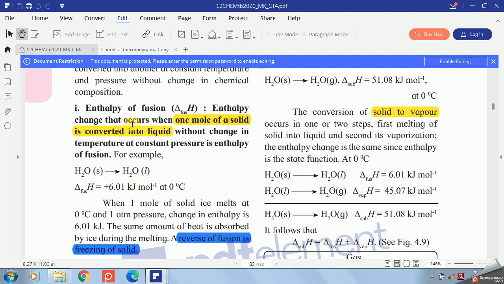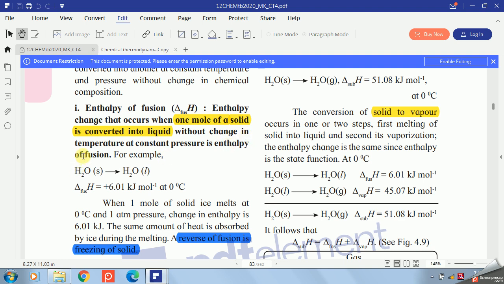Enthalpy change that occurs when 1 mole of a solid is converted into liquid without change in temperature at constant pressure is known as enthalpy of fusion. You have to mention the words 1 mole, then keeping the pressure constant, without change in temperature.